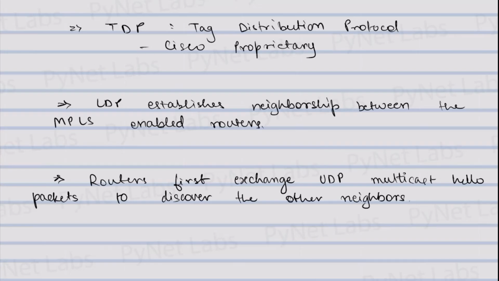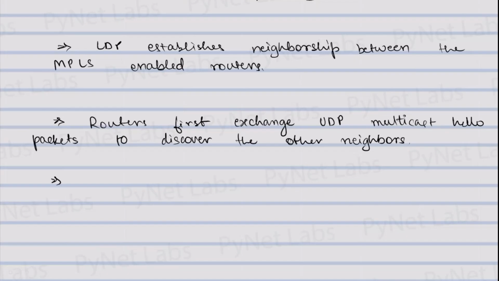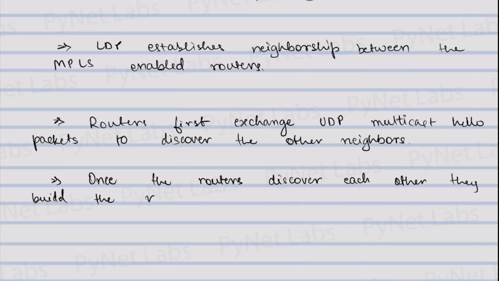Once two routers discover each other, they build the neighborship using a TCP connection. So after discovering each other through multicast, once the routers discover each other, they build the neighbor adjacency using a TCP connection.